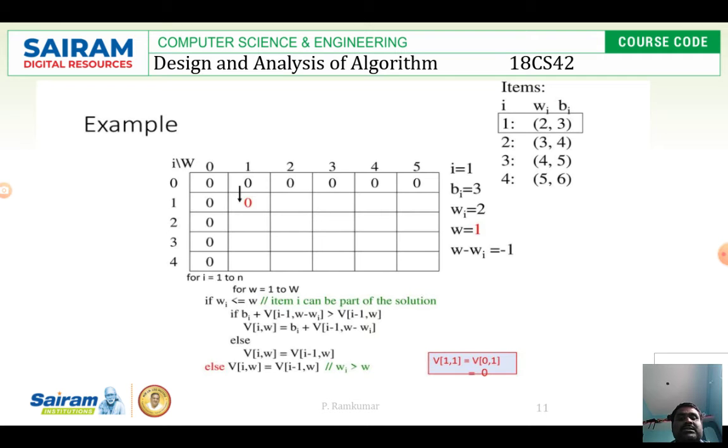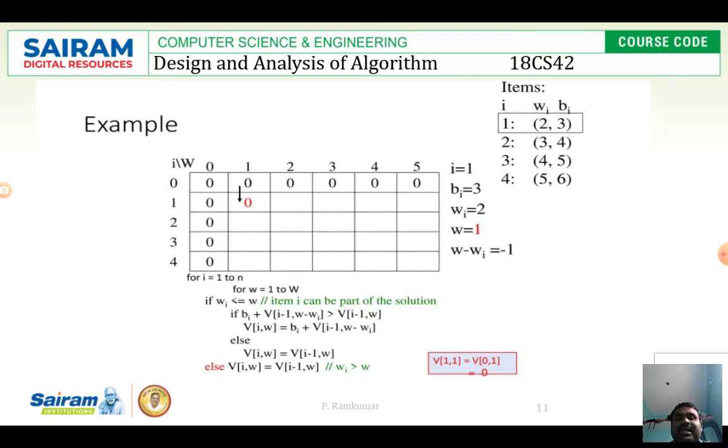First, at 0, 0, I have to put 0 because 0 means no object has been chosen and there is no weight at all. The row represents weight, column represents the items. See here, 0, 0, I will put 0 because no weight has been chosen for no object.